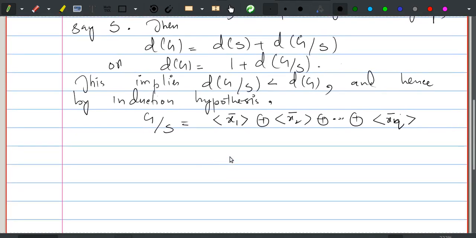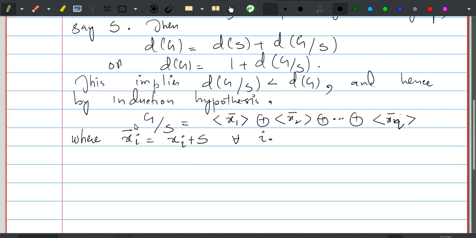So the result is true for G/S, which implies G/S is a direct sum of its cyclic subgroups. Note that these xi bars are, where xi bar is actually xi plus S. So actually these are the cosets of S for all i.